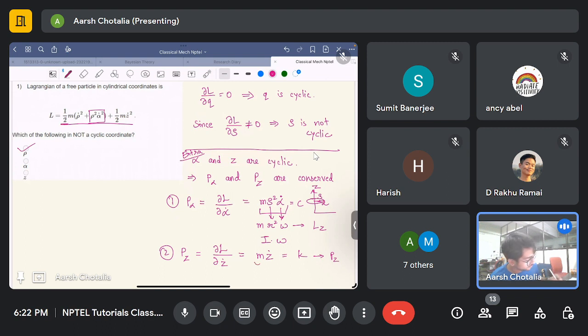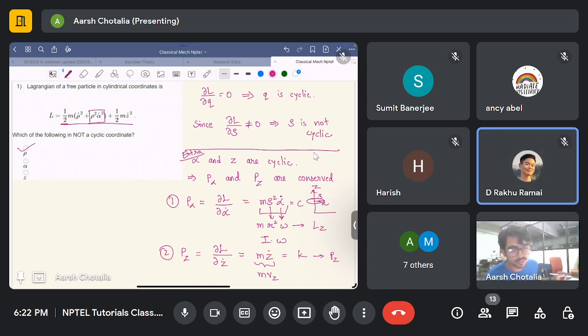Because it is m times z dot, so m into v_z. So this is your linear momentum. Sorry, did I say angular momentum? Yes. Sorry, my bad. This is linear momentum along the z axis, and this is the angular momentum. Thank you for correcting.